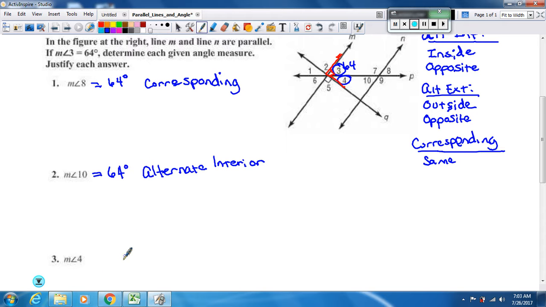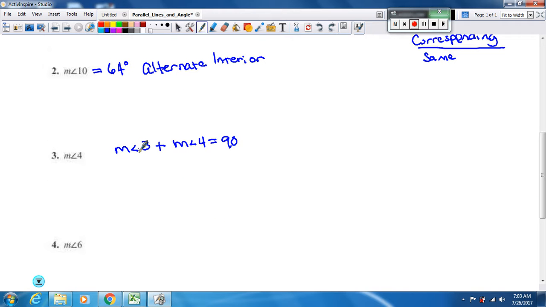So the measure of angle 3 plus the measure of angle 4 has to equal 90 because they form a right angle. So we know the measure of angle 3 is 64, plus we don't know the measure of angle 4, I'll call it x, equals 90.